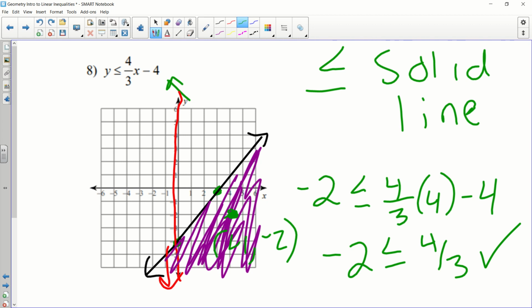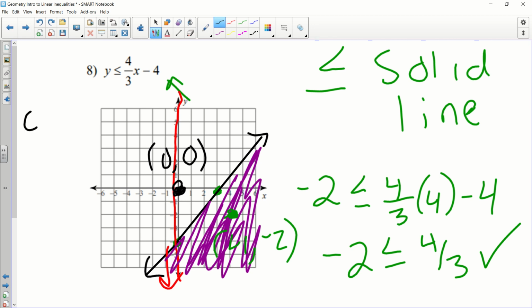The other way to look at it is to pick a point not in the shaded area. The point I always check is (0, 0). If that is a true statement, then I should shade there. If it is a false statement, I should not be shading there.